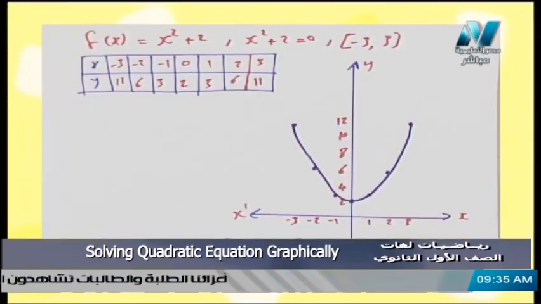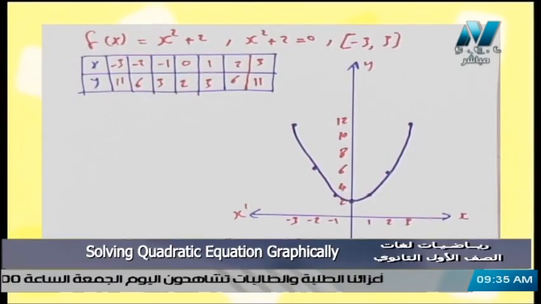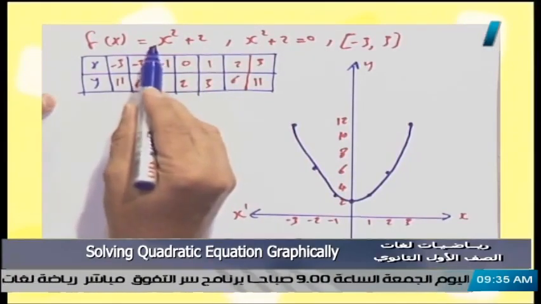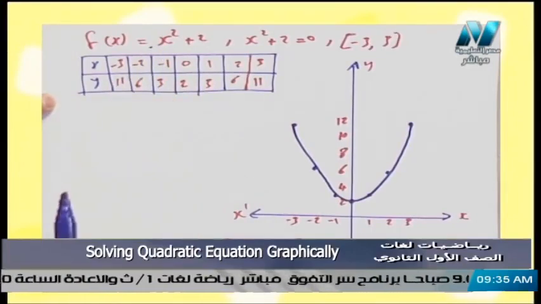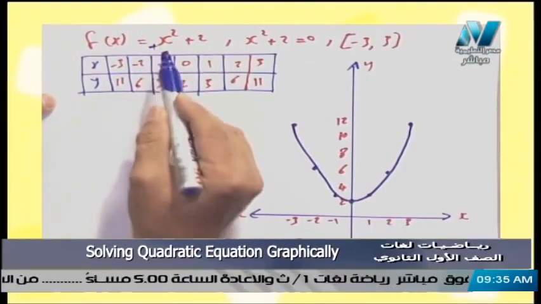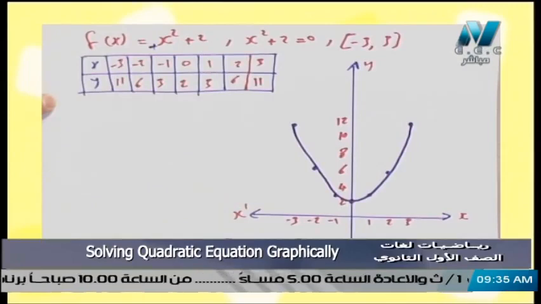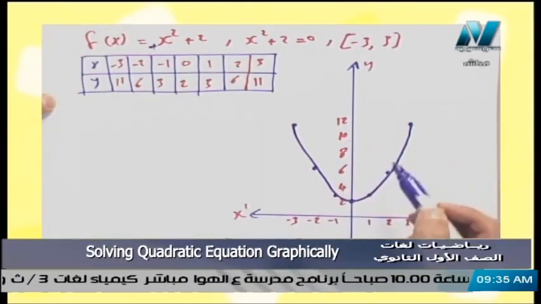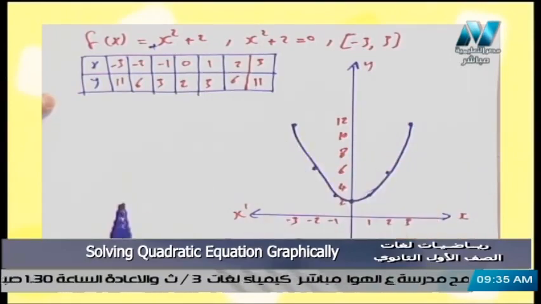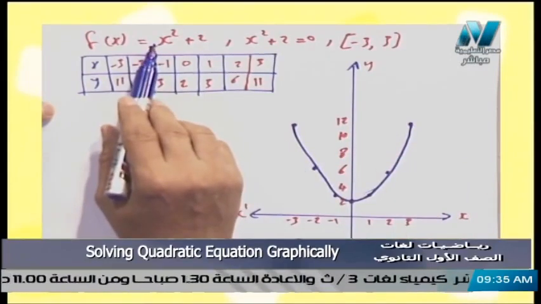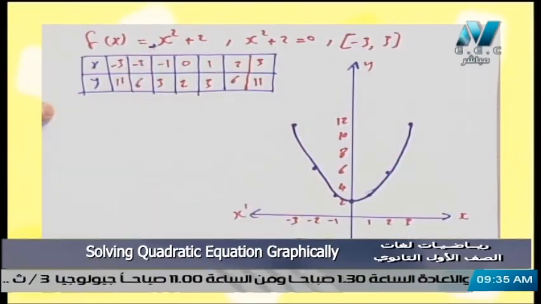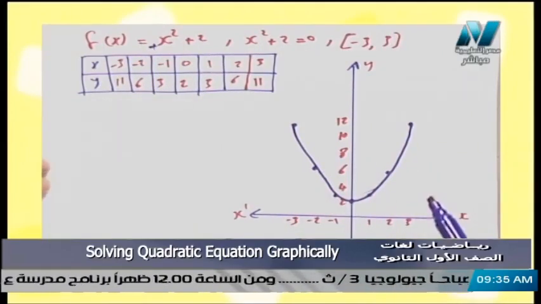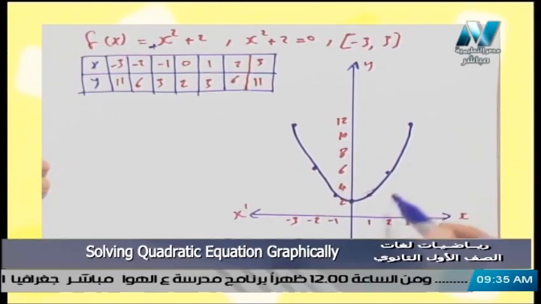We have this graph now, and look carefully, here is +1, the coefficient of x power 2 is positive, so it's forward or up. The graph is up. And if the coefficient of x power 2 is negative, it will be down. Okay? We have here the solution set.